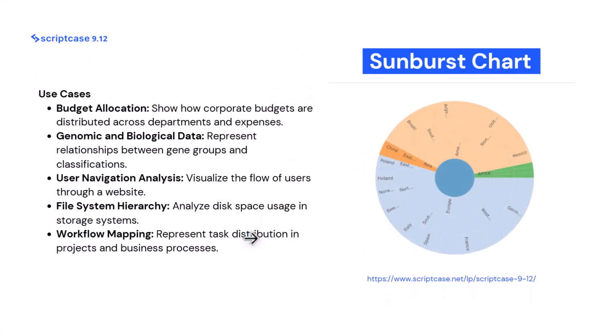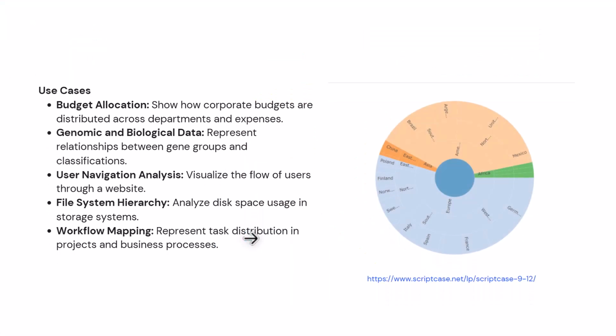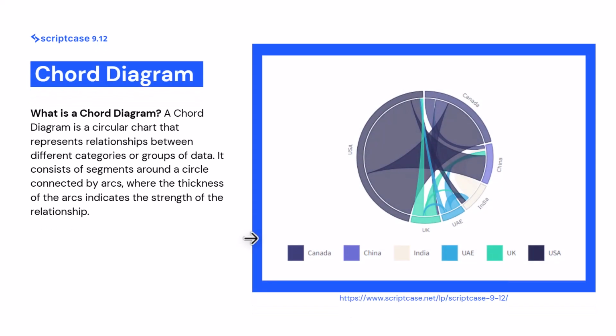The next chart is the chord diagram, also a circular chart that represents relationships between different categories or groups of data. It consists of segments around a circle connected by arcs. So the thickness of the arcs indicates the strength of the relationship.